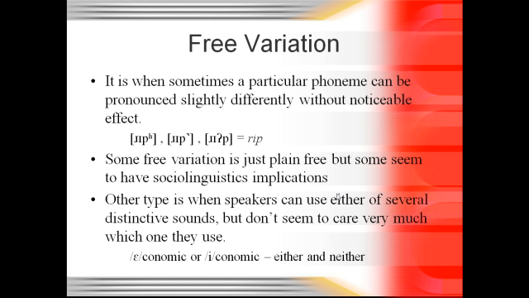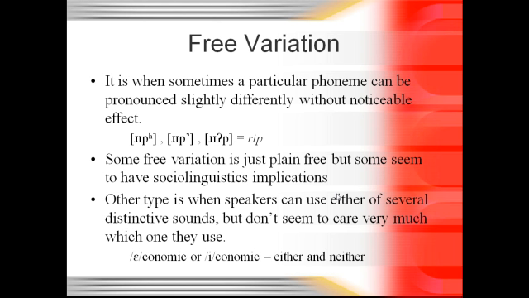Sometimes a particular phoneme can be pronounced slightly differently without noticeable effect. In this case, we have the word rip. Remember that voiceless stops have the option to be aspirated. So it's rip, and then we have aspirated rip, and it's the same thing. It doesn't change the meaning of the word at all. It's a choice that the speaker has.